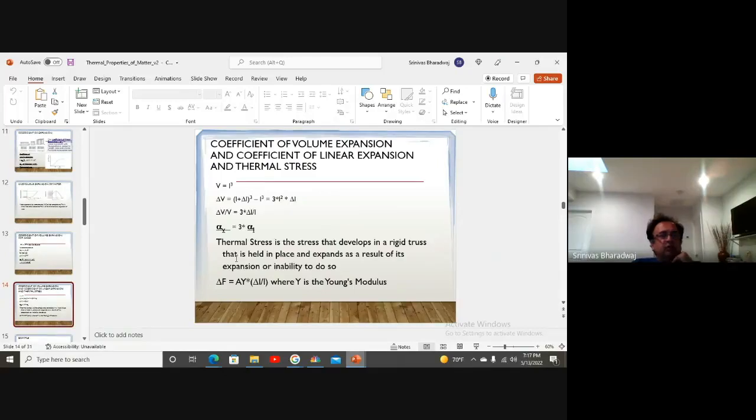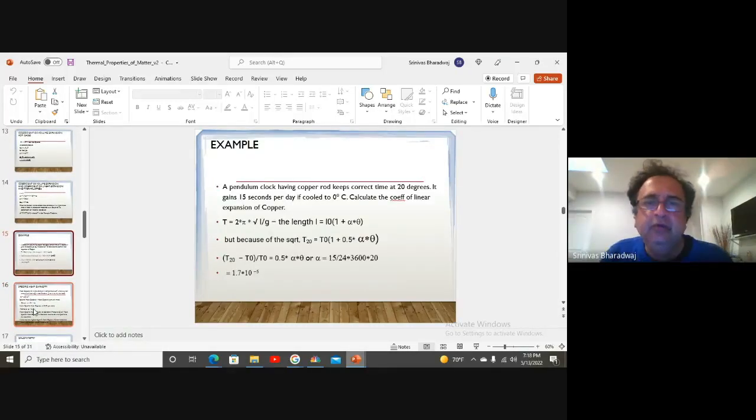Stress over strain is a constant. That constant is called the Young's modulus. This is Young's simple law. Stress is force per unit area, same as pressure. So from that you can calculate.